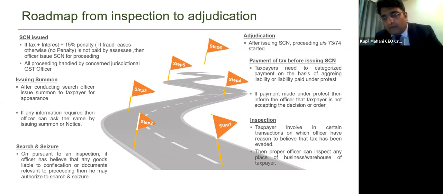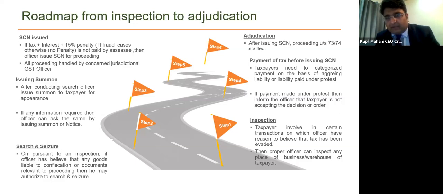Anything the department has a preconceived notion is incorrect, they ask that liability to be paid even before the issuance of the show cause notice, so that the revenue pressure the department is under from the government can be satisfied by the assessee before the matter is even adjudicated.